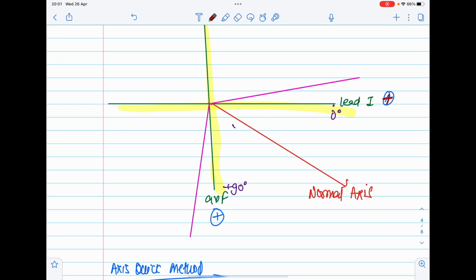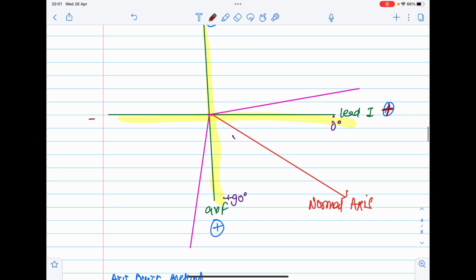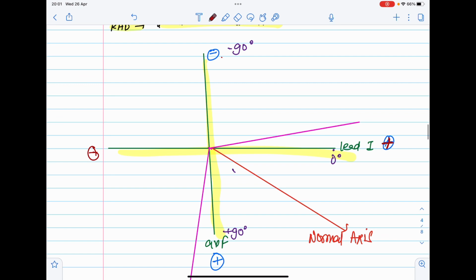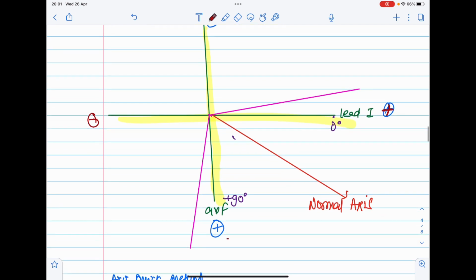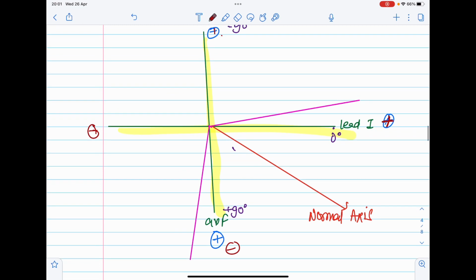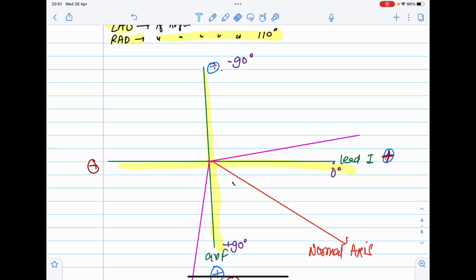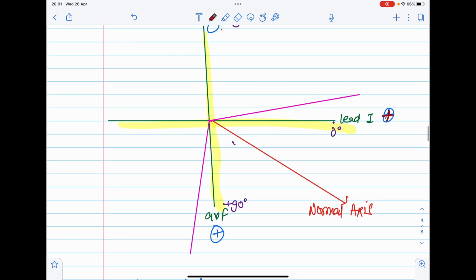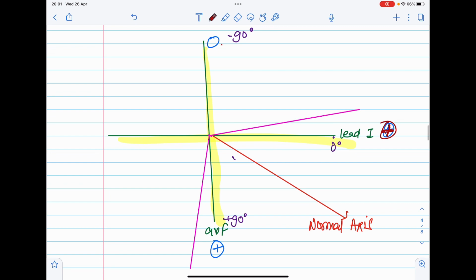Here, according to math, we know that this side will be plus and this will be minus. And here it should be plus, and here it should be plus, it should be minus. But in medical it won't work. We must remember that this lead one is positive according to math, but it will be opposite.